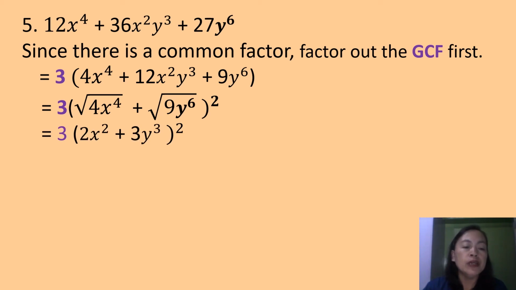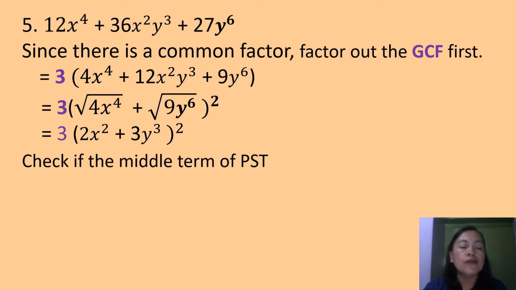So, 3 times the quantity square root of 4x to the 4th is 2x squared plus square root of 9y to the 6 is 3y cubed. Kasi pag kukunin mo yung square root ng y to the power of 6, divide mo lang ng 2 yung 6 para makuha mo yung exponent ng y. Okay? And then, sulat yung squared.